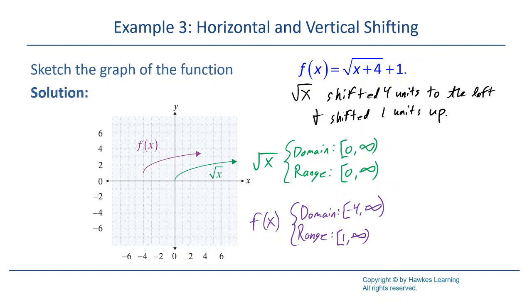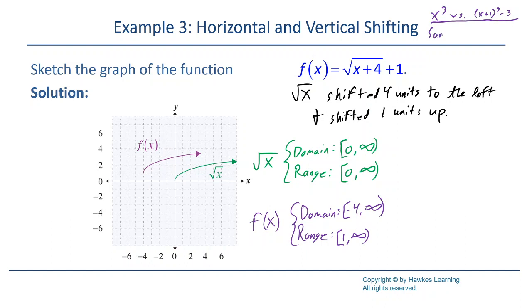Sometimes it will affect the domain or range to where you gain values or you lose values. Sometimes it doesn't change it, because if you think about x cubed, it doesn't matter if you have x plus 3, all of that. So here's x cubed versus, let's say you have x plus 1 cubed minus 3.